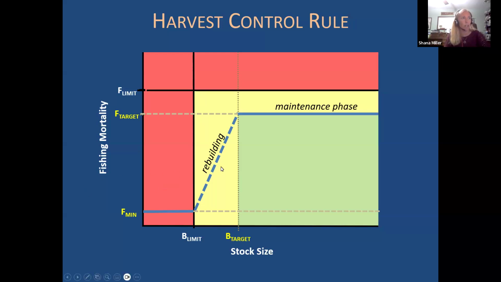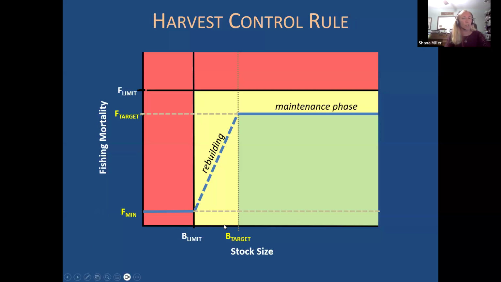When you're above your biomass target, you fish at your fishing target. If you drop below that, there is a linear decrease in fishing until you get to your biomass limit, at which point you put a very low level of fishing in place for scientific data collection, bycatch, artisanal fisheries, whatever your need might be.